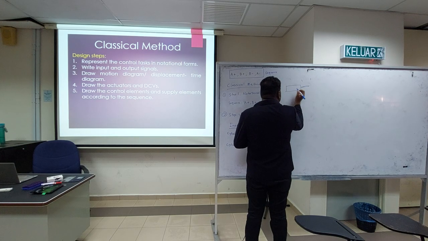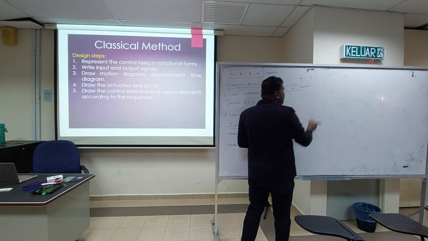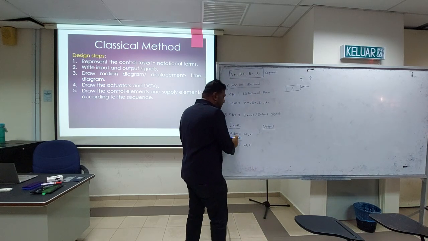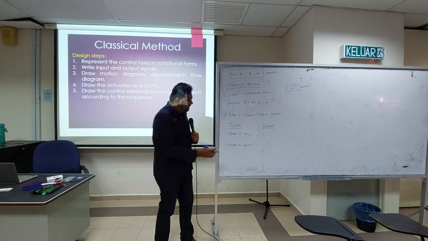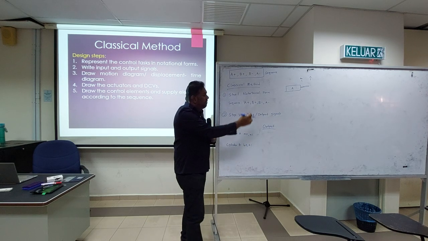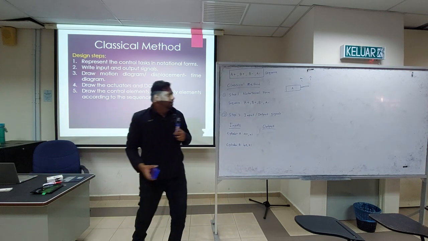So whether cylinder dah balik ke tak. So ini adalah A0. So let's say this is cylinder A. So ini adalah A1. So that is the input signal. So the input to control the circuit is coming from roller valve 1, roller valve 2. Okay, for that cylinder. Depends on how many cylinder you have. Okay, so ini dah dulu lah.